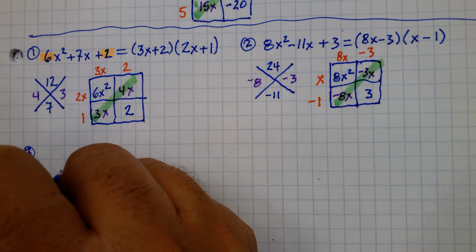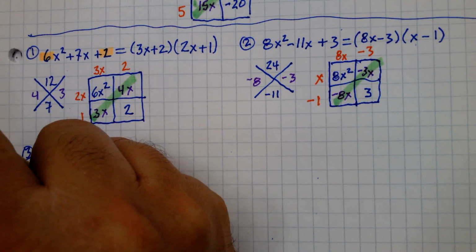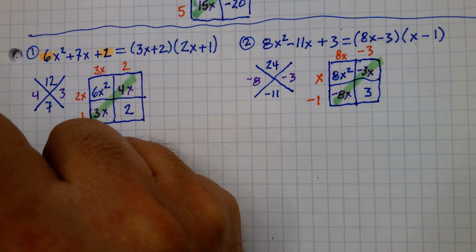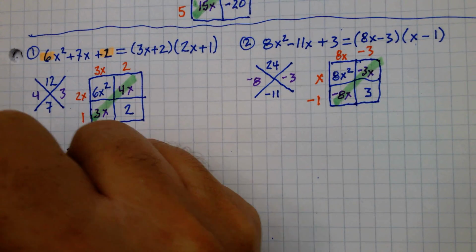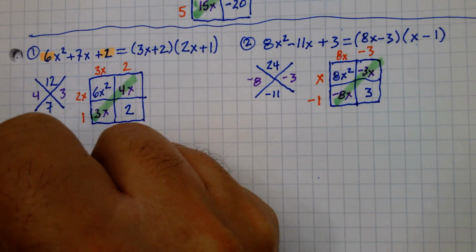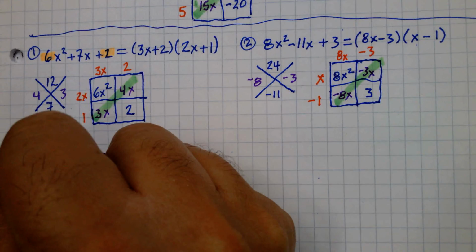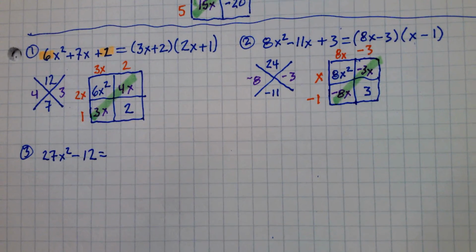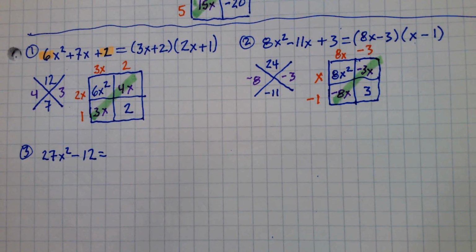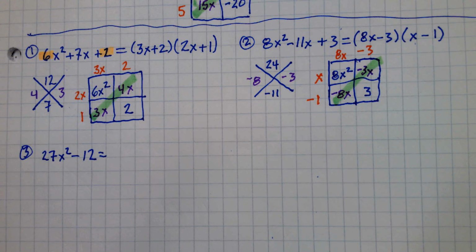Let's say we have 27x squared minus 12. 27x squared minus 12. Okay, write that down. First of all, it's not a trinomial, but we'll fix that.